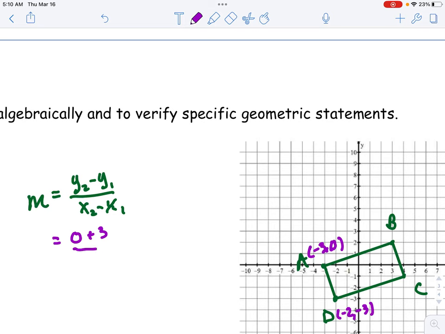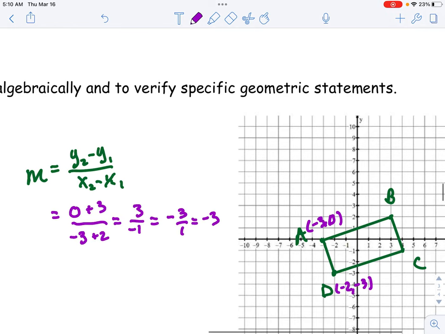So we're going to have 0 plus 3 over negative 3 plus 2. Alright, so we're going to get 3 over negative 1, which is the same as negative 3 over 1, which is the same as negative 3. Alright? That was the slope of AD.